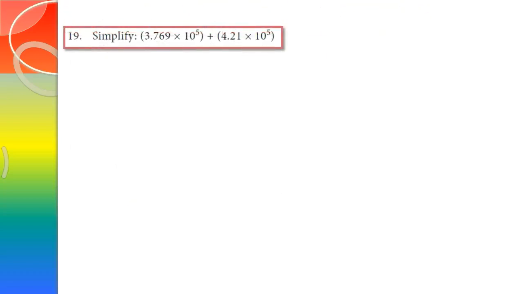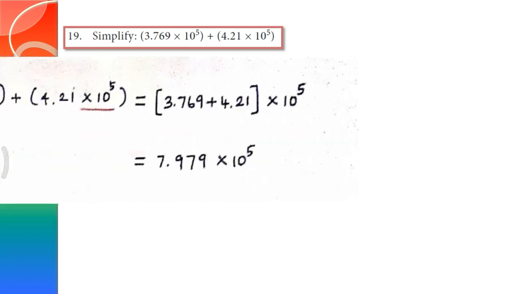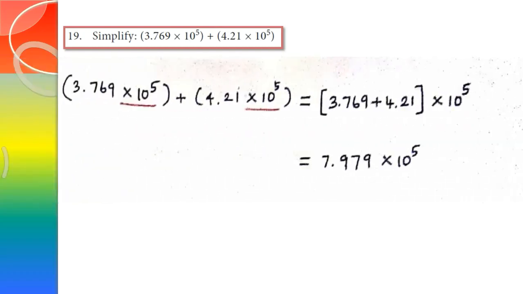Next, question number 19, simplify 3.769 into 10 power 5 plus 4.21 into 10 power 5. That is using a scientific notation format. Adding the powers: the base is the same, so 10 power 5 is a common factor.